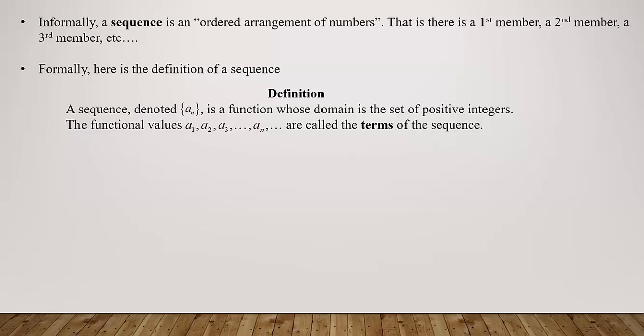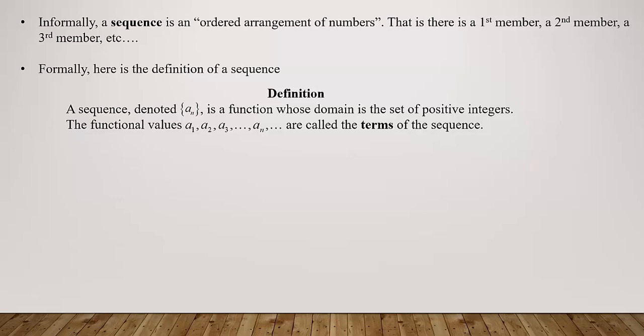A sequence, denoted by the set {a sub n}, is a function whose domain is the set of positive integers. The functional values, so a sub 1, a sub 2, a sub 3, and then those 3 dots, I tend to just call them yada, yada, yada, a sub n, yada, yada, yada.